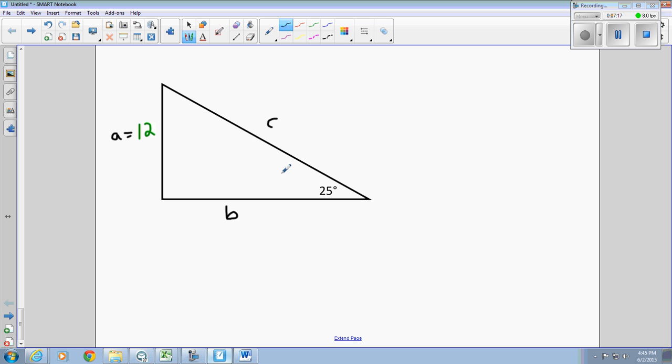One way to solve for C or B is to use our trigonometric functions. So let's solve for B. We need to know that the tangent of some angle theta is equal to the opposite side over the adjacent side, not the hypotenuse.